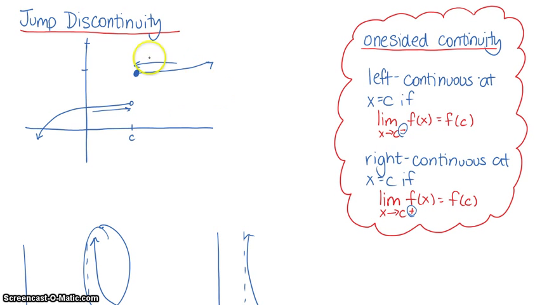If I looked at this graph up here for my jump discontinuity, I can say it is right side continuous because the limit of your function as you approach from the right-hand side is equivalent to my f of c value. This one here, I cannot say that it's left side continuous because the left side is not equivalent to that value at that point. It does have a left side limit, but it does not have a value at that particular point.